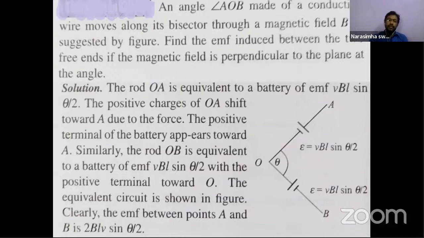Now the EMF between points A and B is what they're asking. Between A and B it will be 2BLv sin theta by 2.